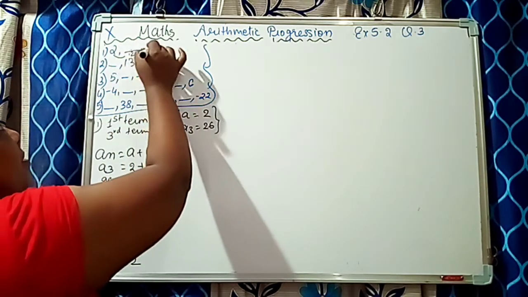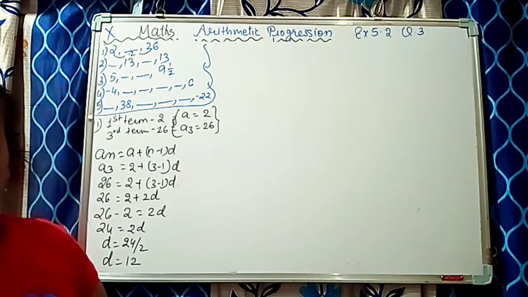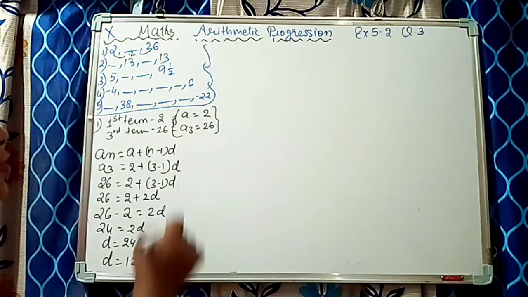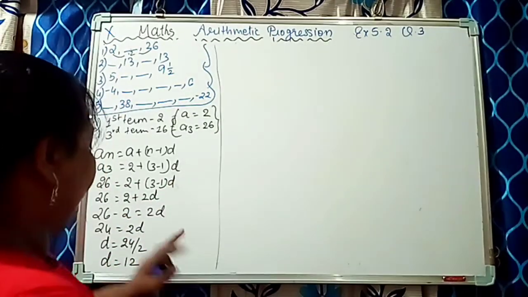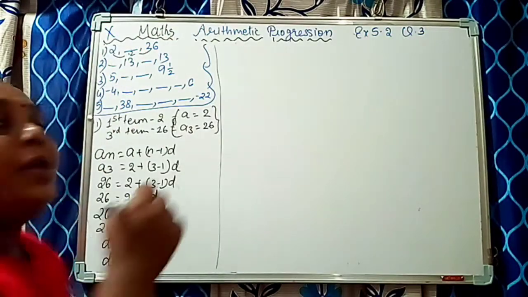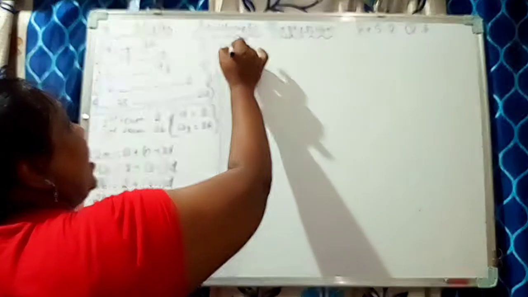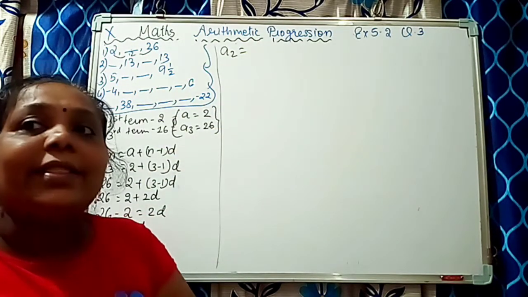But we have to find out the proper number here. So what will we write here? Now we have to find out a2. a1 is given, a3 is given.